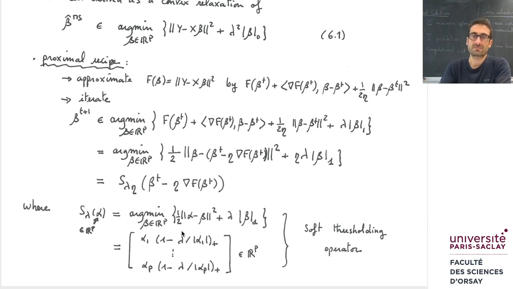The first effect is to set some values to 0, and the second effect is to shrink the values. So here we do not keep alpha 1, we multiply by this shrinking factor, and this shrinking factor tends to shrink the value towards 0, right? So if you only do gradient steps without applying soft thresholding, what you do is to minimize the least square, right? So you do not have bias in this case, but you do not select variables.